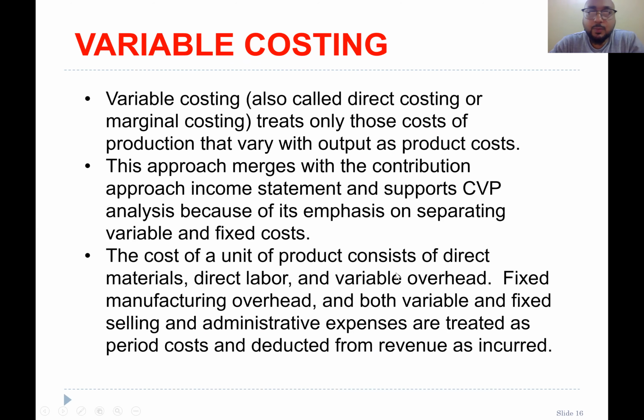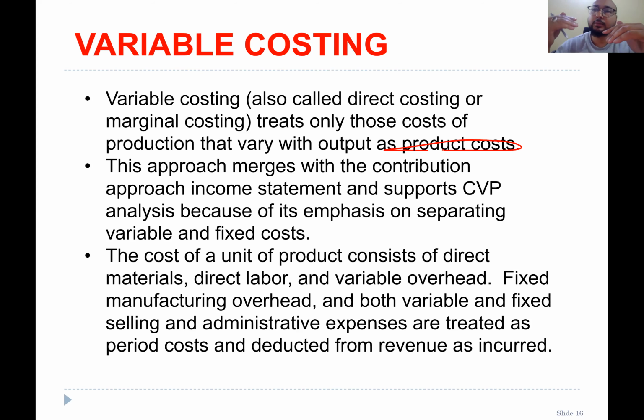Variable costing, we also call this direct costing or marginal costing method, right? So it means we only treat variable cost as product cost, right? So it means we do talk about the behavior of the cost in variable costing. So what is the behavior of direct material? Variable. Why?